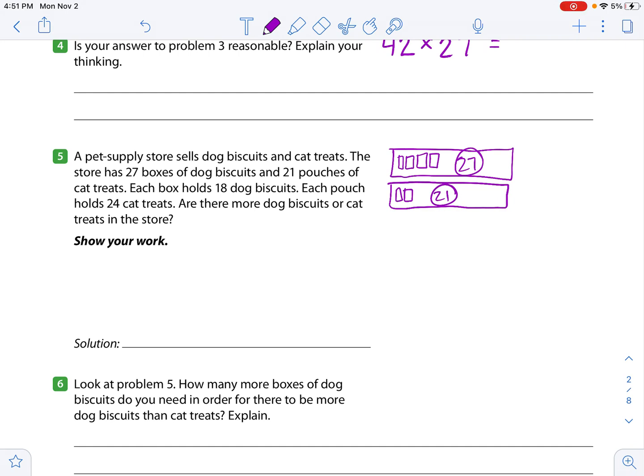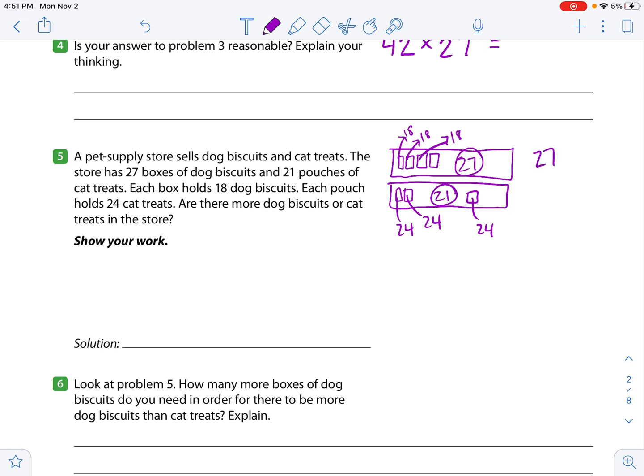All right. Each box holds 18 dog biscuits. So each one of these is 18, 18, 18. 27 of those. All right. And then each pouch of cat treats holds 24. So 24, 24. So 21 24s.